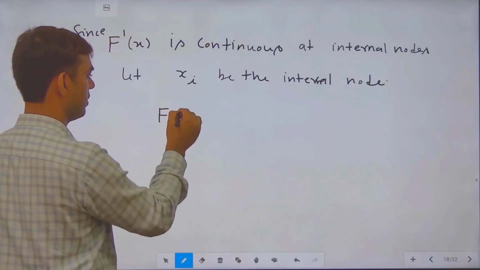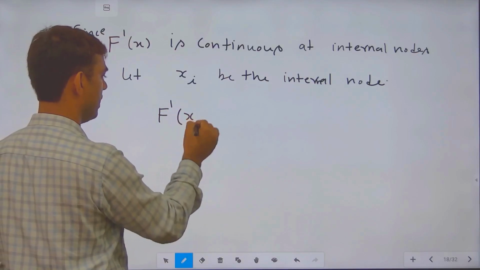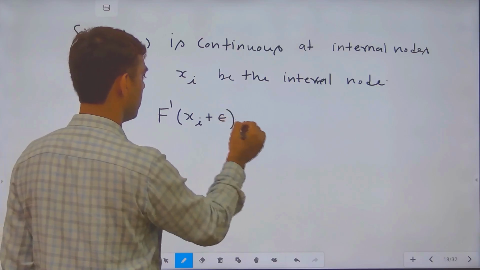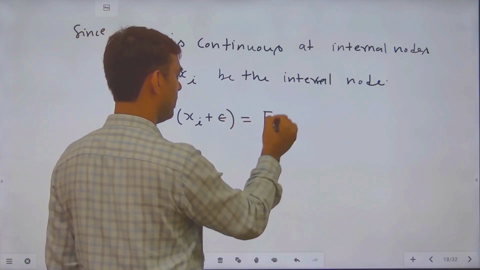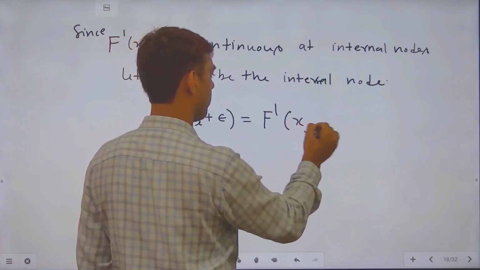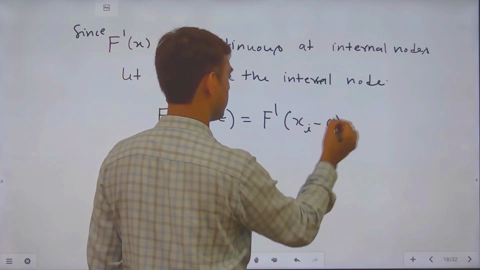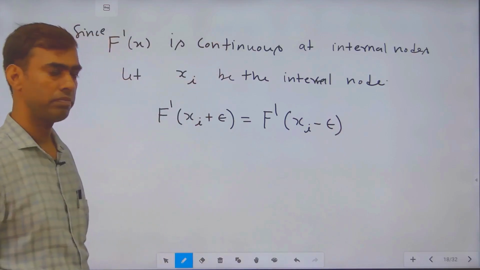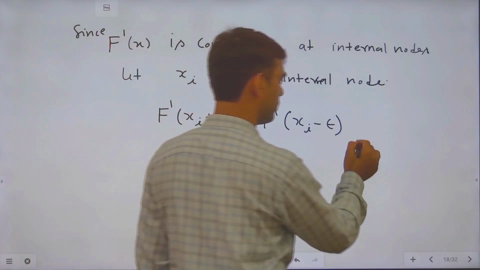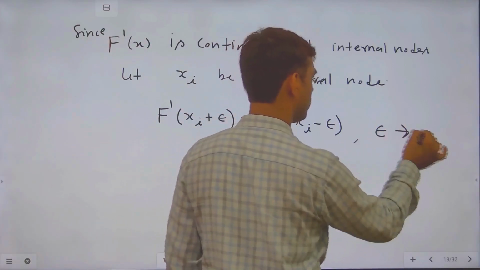f'(x_i + epsilon) equals f'(x_i - epsilon). If epsilon tends to 0, here epsilon tends to what? Epsilon tends to 0.